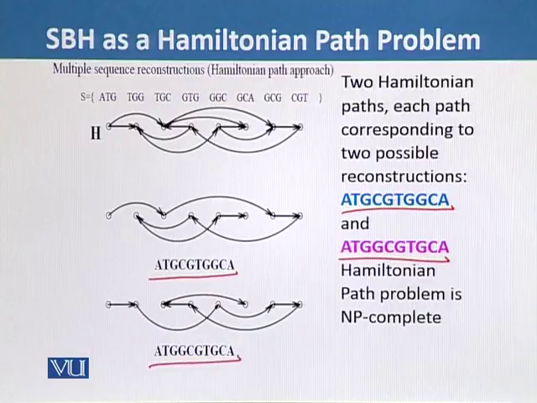So we can get two different types of paths by using the Hamiltonian path problem. So each path corresponds to the two possibilities we have already discussed. So we can say the Hamiltonian path problem is NP complete.